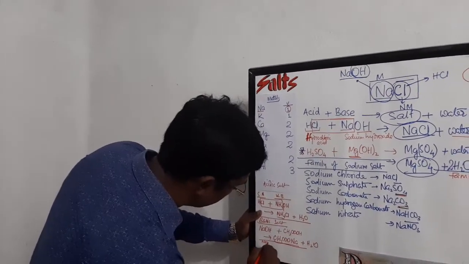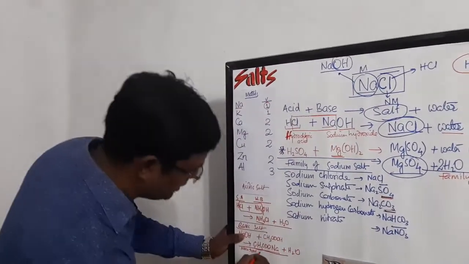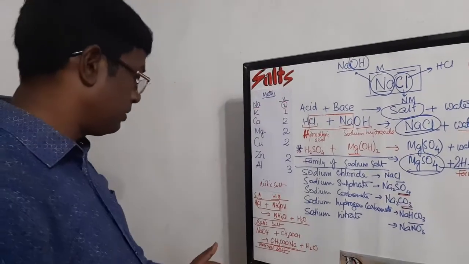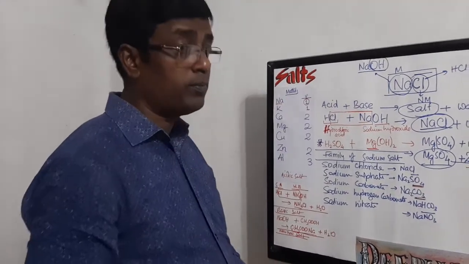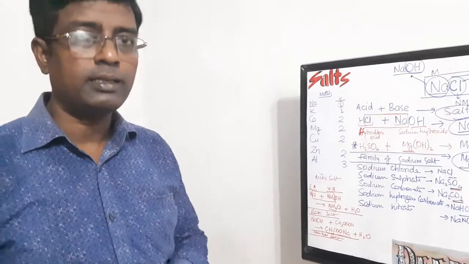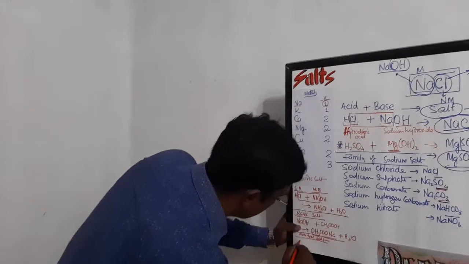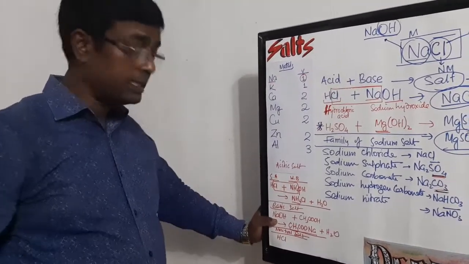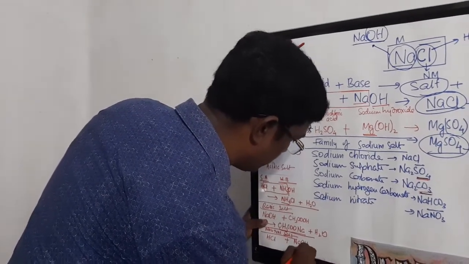Neutral salt, obviously the common salt. Neutral salt, for example, is formed from the combination of strong acid as well as strong base. When a strong acid and strong base combine, it gives you neutral salt. HCl, which has a pH value of 0, the strongest acid, combines with sodium hydroxide, the strongest base.